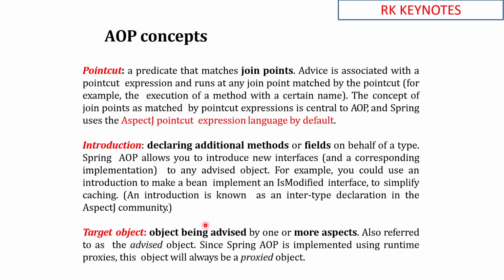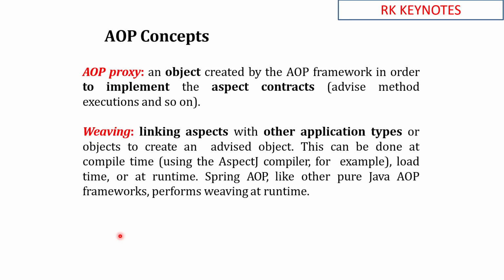Then introduction, in the sense that we can add some additional information, variables or methods. Target object is the object which is to be referred during the execution. And AOP proxy is the object which is basically implemented during the contracts.